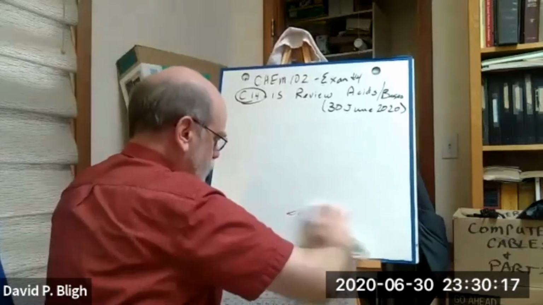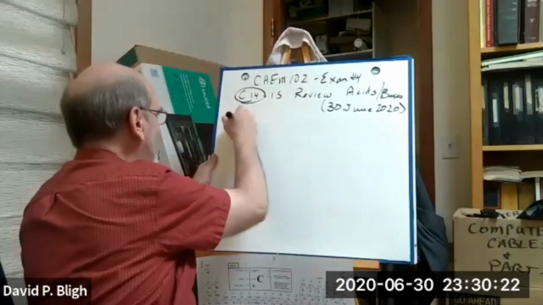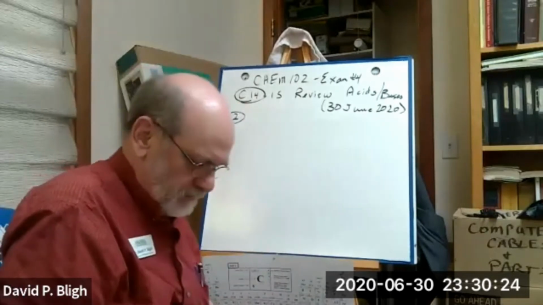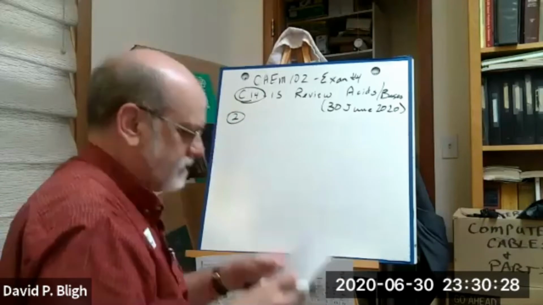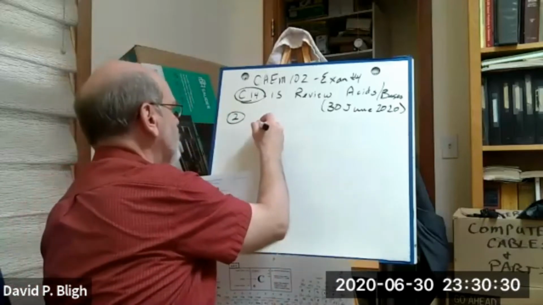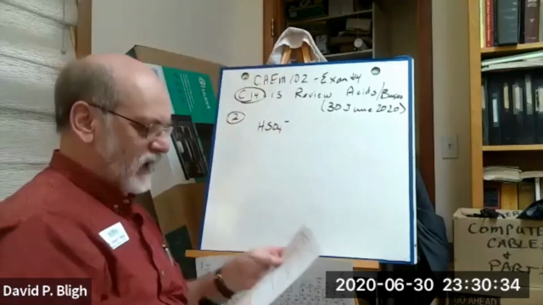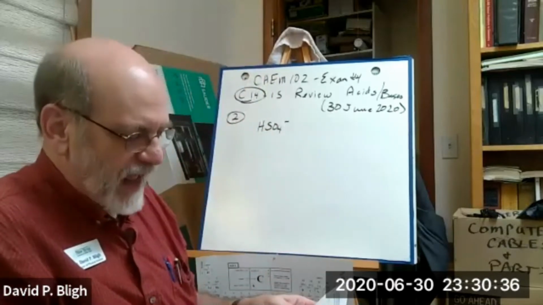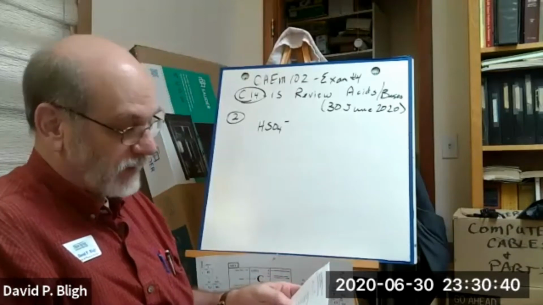Let's move to number 2. All right, number 2. The hydrogen sulfate or bisulfate ion, this, can act as either an acid or a base in water. Okay?